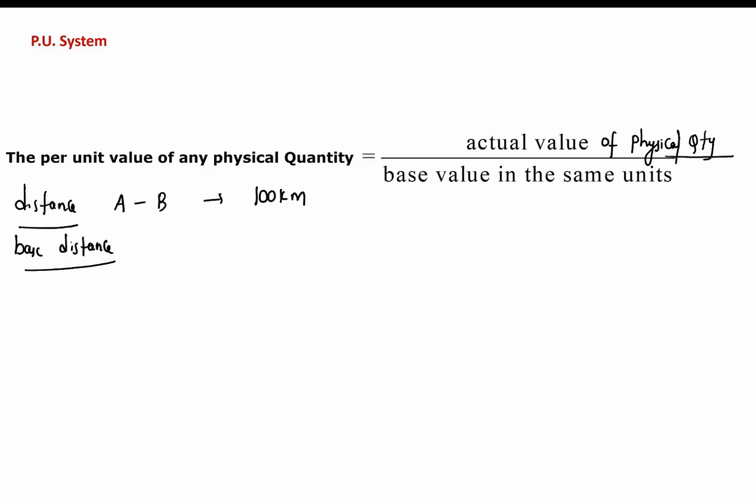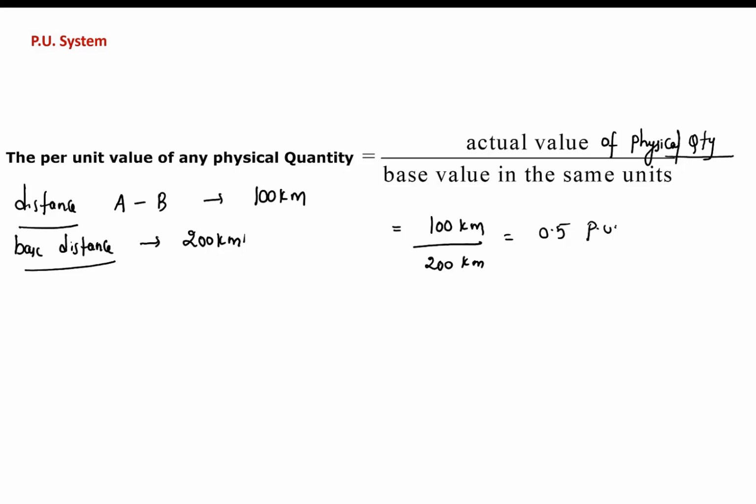You should not mention millimeters or centimeters or meters. The base value should also have the same unit. Let us take the base distance as 200 kilometers. Then the per unit value of the distance between town A and town B is 100 kilometers divided by 200 kilometers, which is 0.5 per unit.